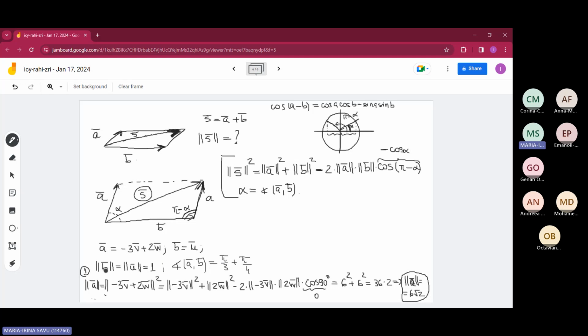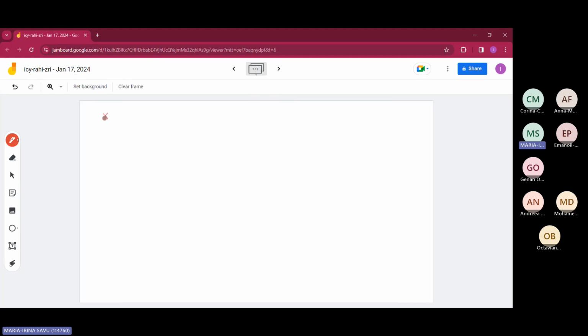Then you have all the elements. You know the length of B, and you know the length of A. So I'm going to apply this formula again. Let's denote it with a red star. Okay, so apply this formula.